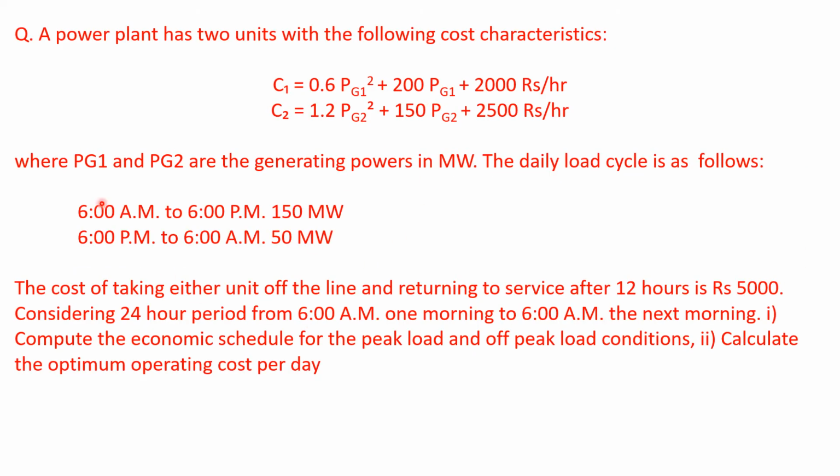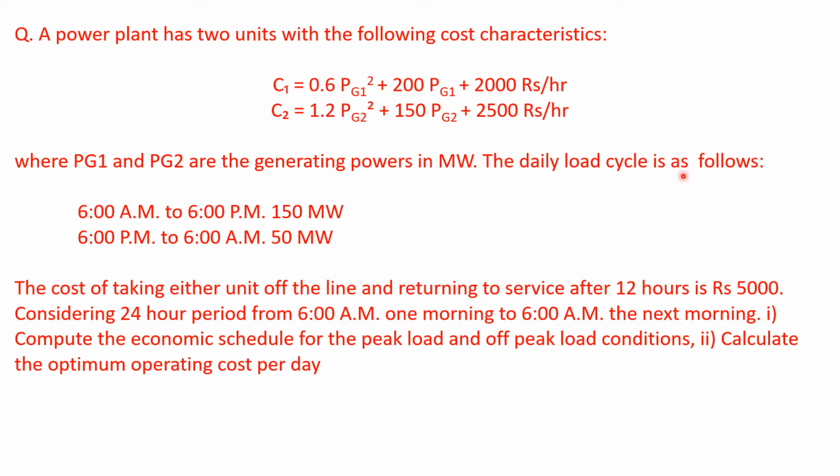The question given was: a power plant has two units with the following cost characteristics: C1 equal to 0.6 Pg1 square plus 200 Pg1 plus 2000 rupees per hour, C2 as 1.2 Pg2 square plus 150 Pg2 plus 2500 rupees per hour, where Pg1 and Pg2 are the generating powers in megawatt.